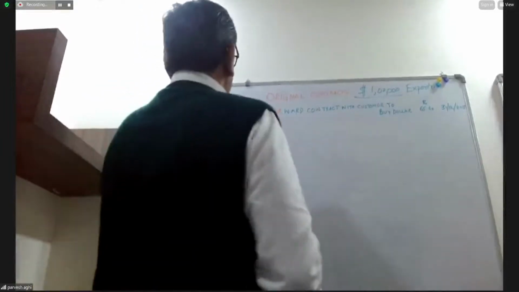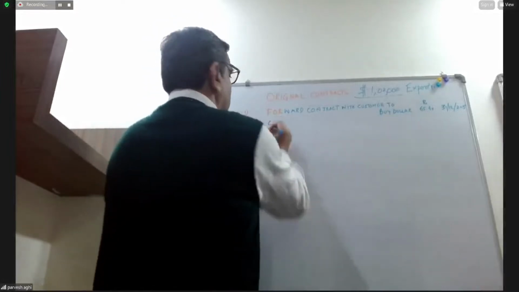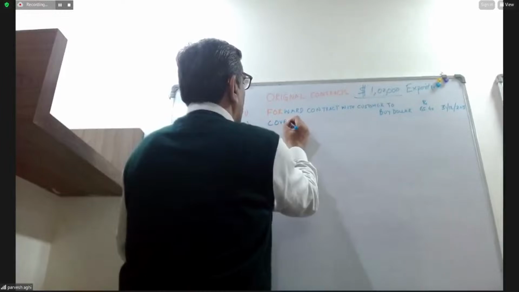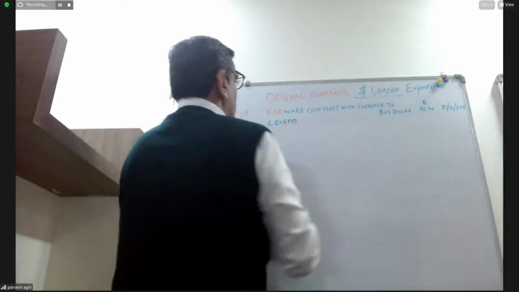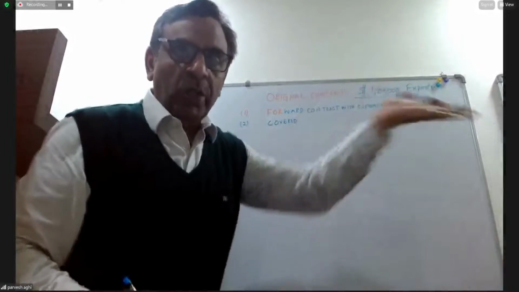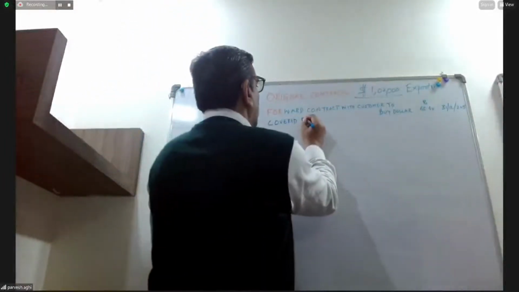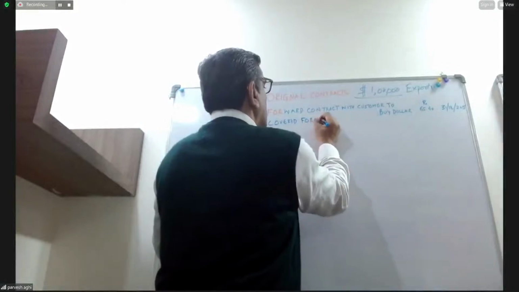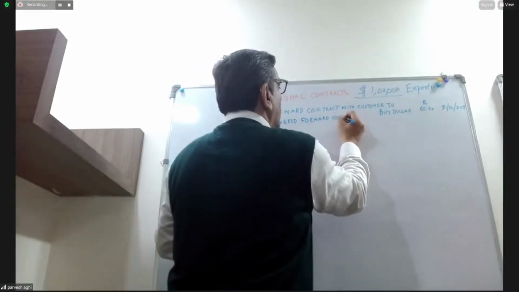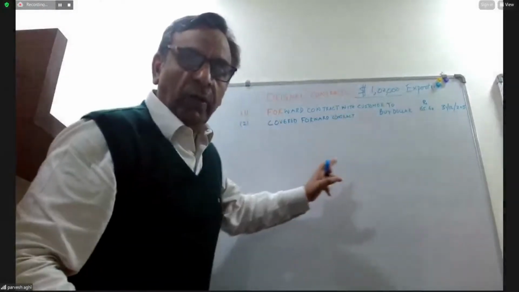So when you enter into this contract, you're going to have a separate contract. This is called a covered contract. At the same time, when you buy dollars, you're going to sell dollars in the interbank market. Covered forward contract. So this is the second, forward to forward.